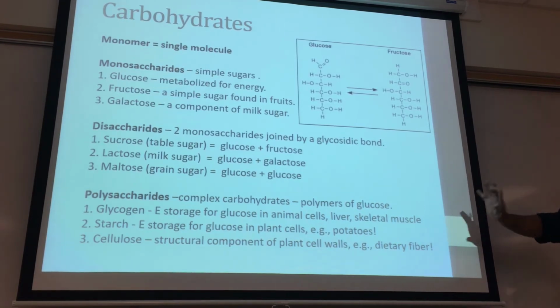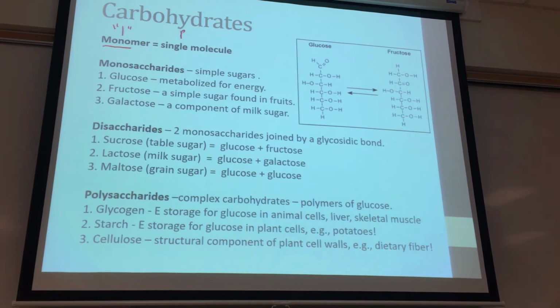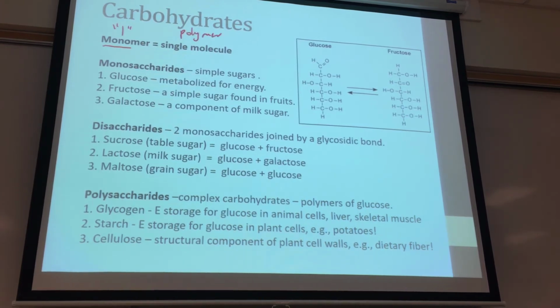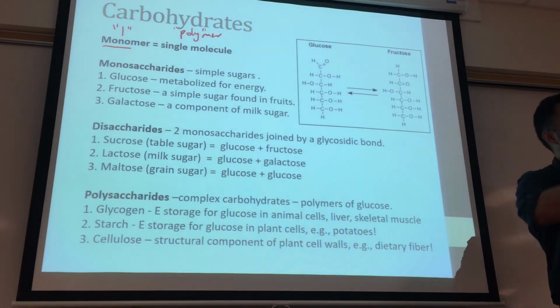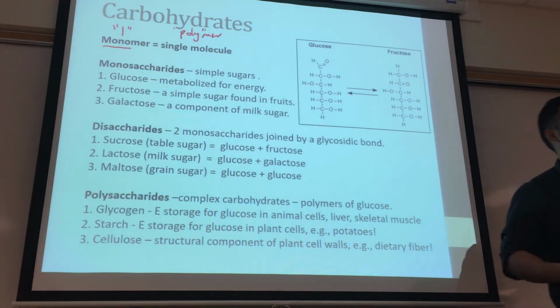Before I do that, I want to get into the concept of a monomer and a polymer. So the prefix mono refers to one, and polymer, the poly, refers to many. And so when we look at monomers and polymers, a monomer is a single unit. A polymer is a unit with a bunch of those single monomers attached.